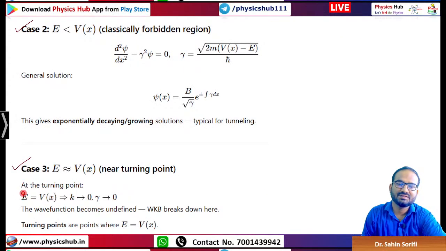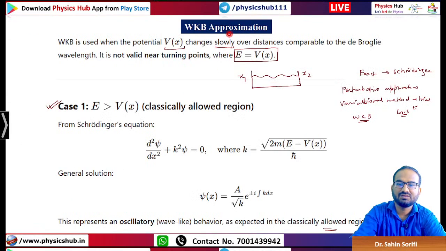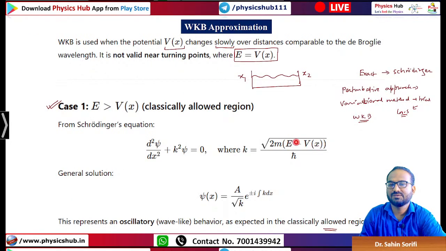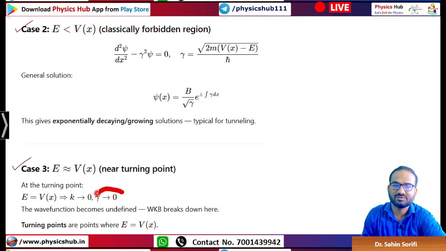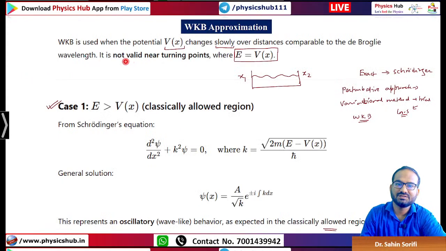For E equal to V of x, V of x minus E, or E minus V of x, will all be 0. So k approaches 0, and gamma also approaches 0. The wave function becomes undefined and WKB breaks down here. That is why we said it is not valid near turning points.